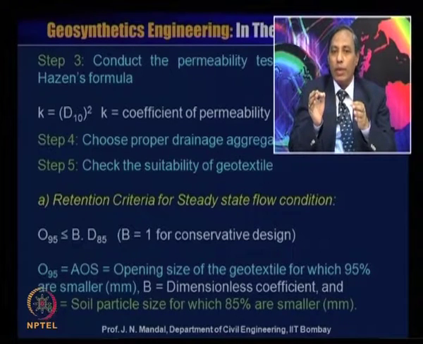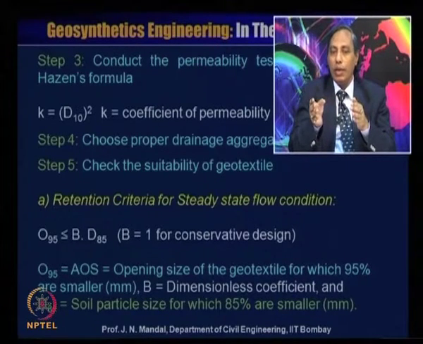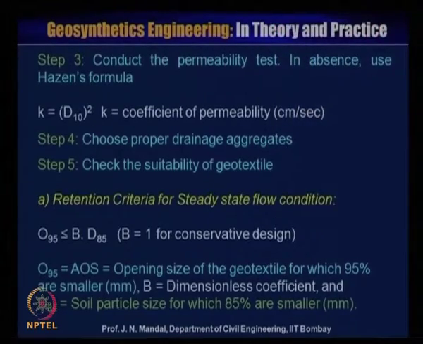O95 is the apparent opening size, or opening size of the geotextile for which 95% are smaller, in millimeters, and B is a dimensionless coefficient, and D85 is the soil particle size for which 85% are smaller, in millimeters. So, from the grain size distribution curve you can determine D85, and B, as I said, is 1 for conventional design. Then you can determine whether O95 is less than or equal to B times D85 or not.